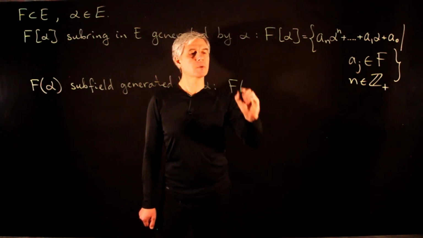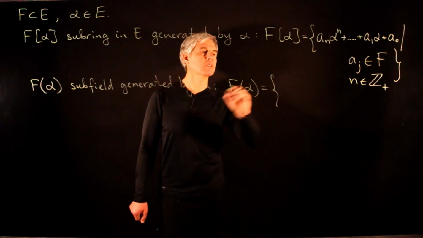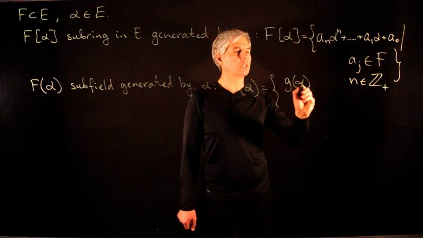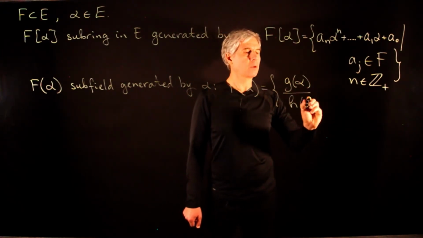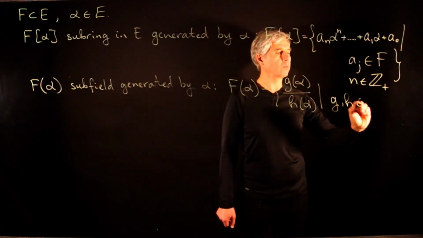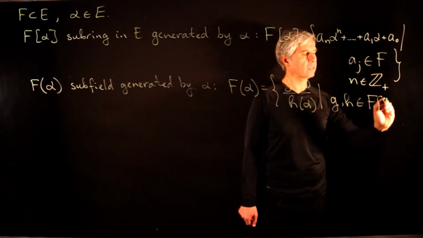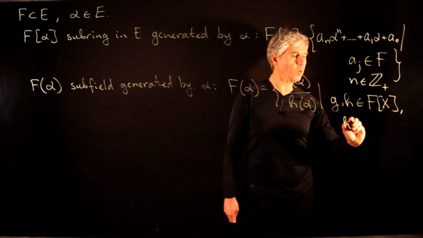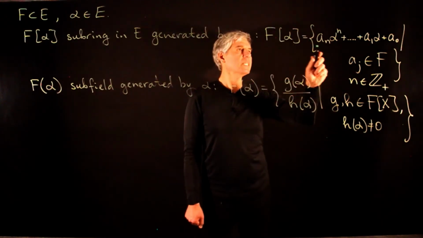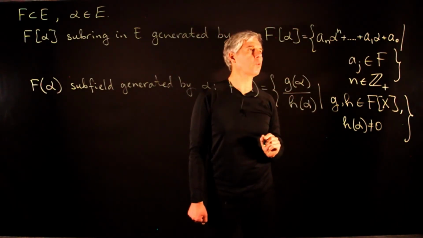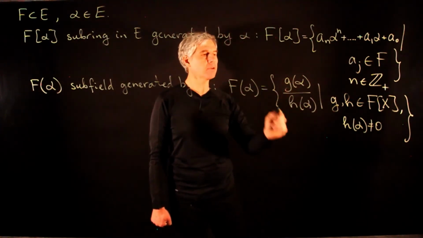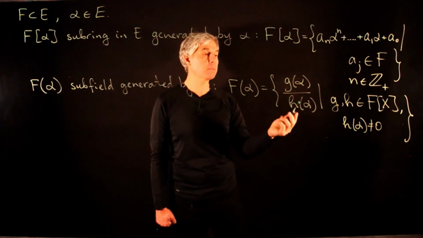So here, this object consists of all possible fractions g(alpha) over h(alpha), where g and h are polynomial expressions, so g and h belong to F[x], with the condition that the denominator is not equal to 0. We can see that these expressions will form a ring. We can add them and multiply them, and the rational expressions will form a subfield.